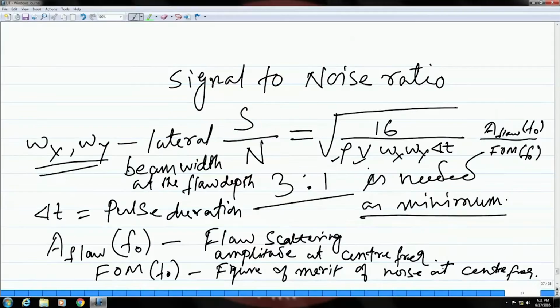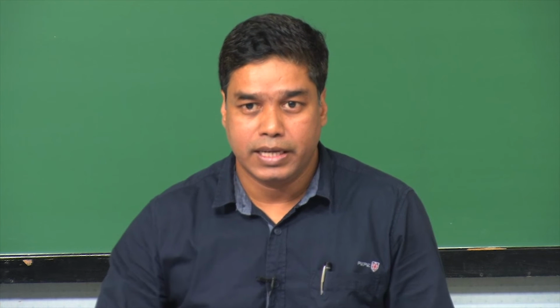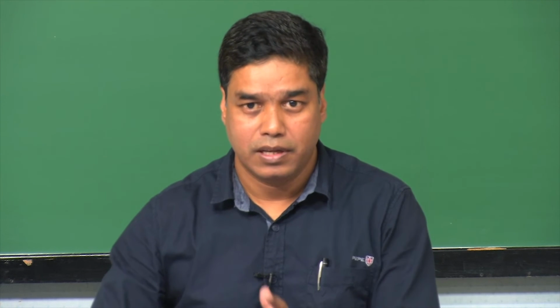Similarly, if you decrease delta t, that means if the pulse duration is less, which means a shorter pulse, then again the detectability would be better. Okay.